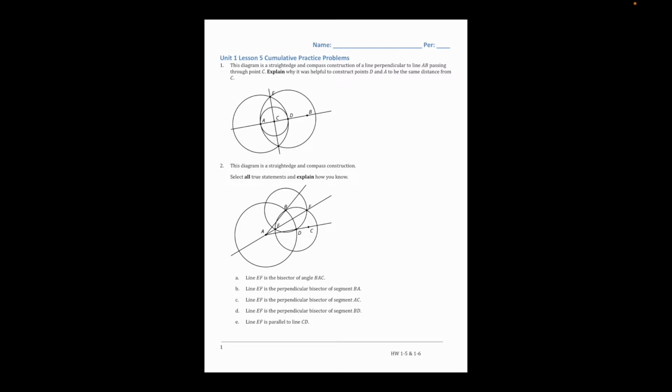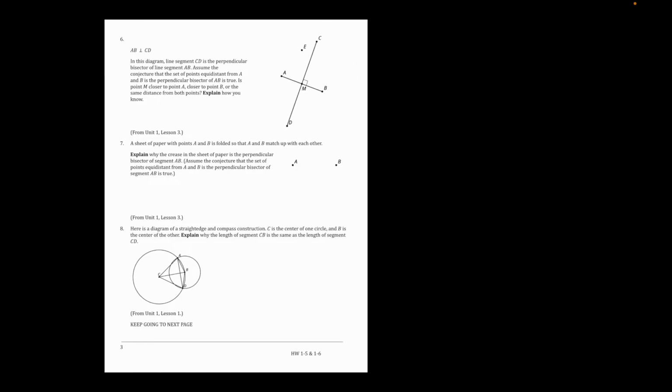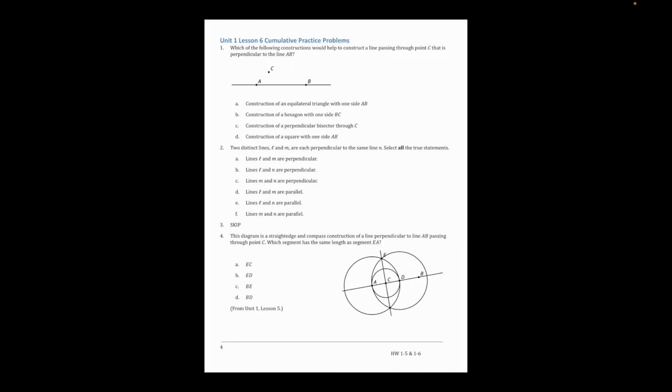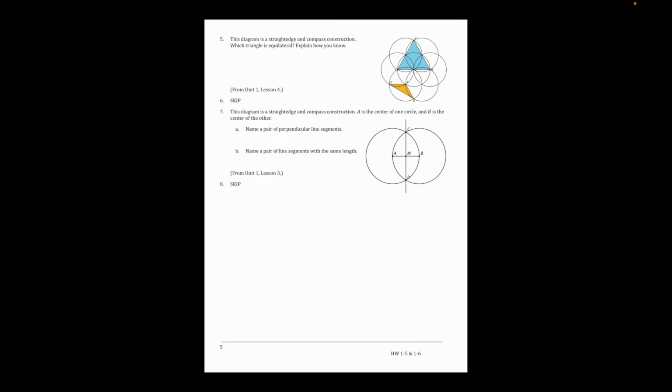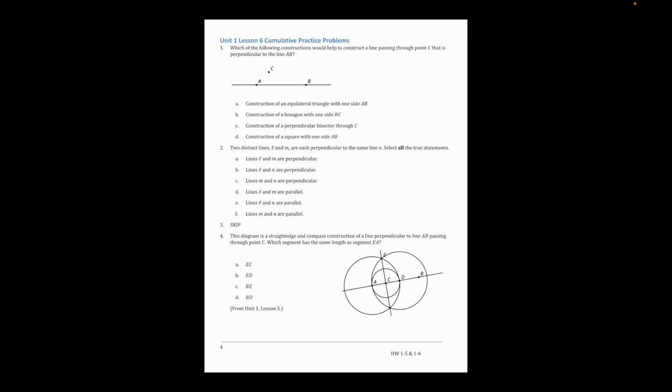We're also going to cover the Lesson 6 practice problems, although not necessarily all of them, so we're including these as one homework assignment. So we're skipping a couple. You can see that we have a couple assignments in here that are labeled as skip, like number 3 right here.